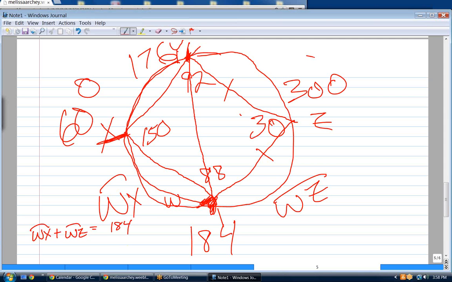Right? Yeah. Okay, we also know that WX plus XY equals 176. And we know that XY plus YZ equals 176.